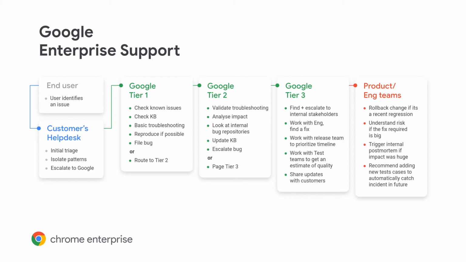And as mentioned, tier three will work with the product and engineering team, which will be able to do a rollback change if it's a recent regression. They will also seek to understand the risk if the fix required is big, and also trigger the internal post-mortem if the impact was huge, and recommend adding new test cases to automatically catch incidents in the future.